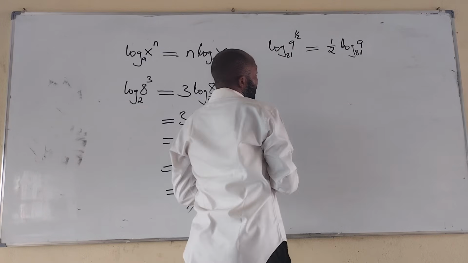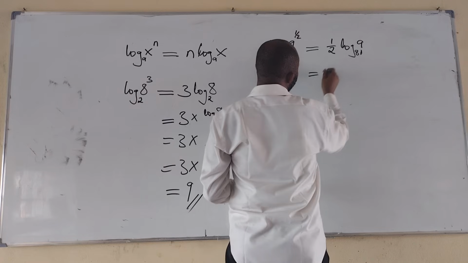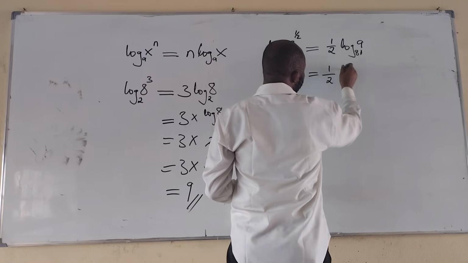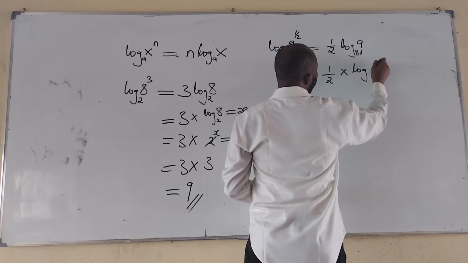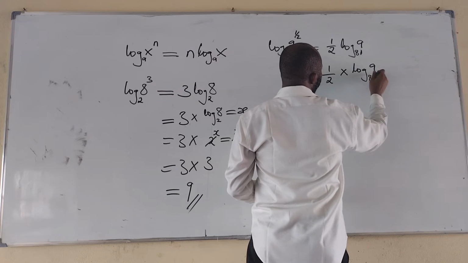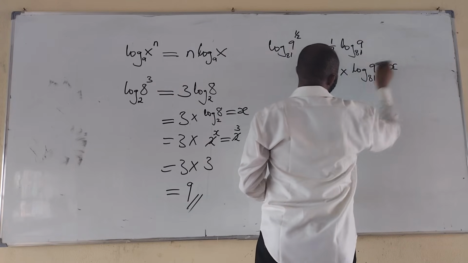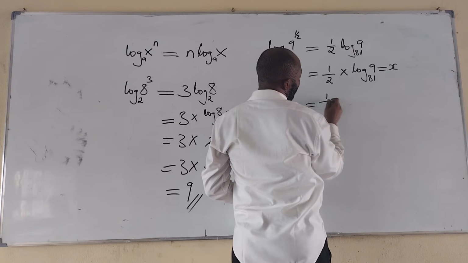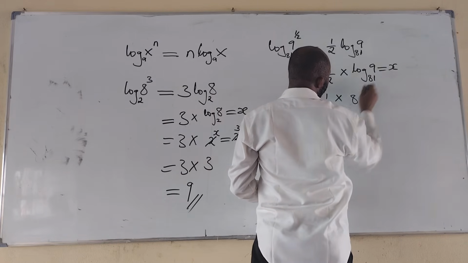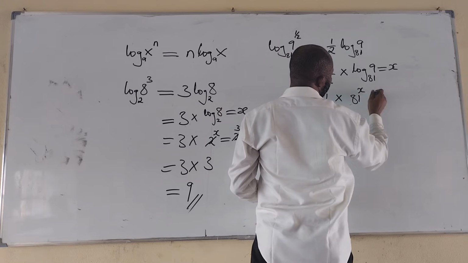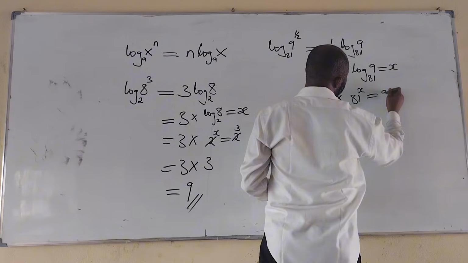Okay, this is equal to 1 over 2 times, this is the same thing as log of 9 base 81 is equal to x. This is equal to 1 over 2 times 81 raised to the power of x is equal to 9.